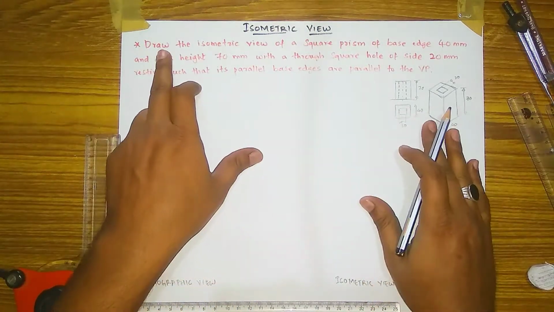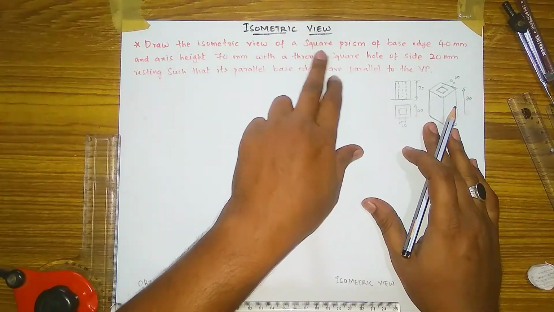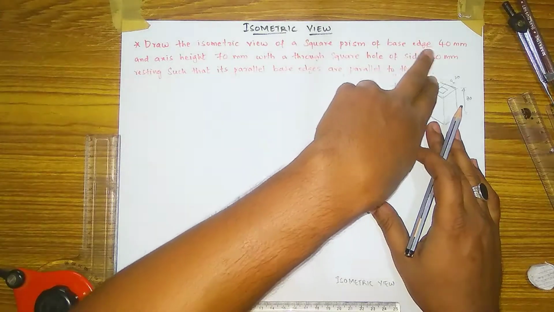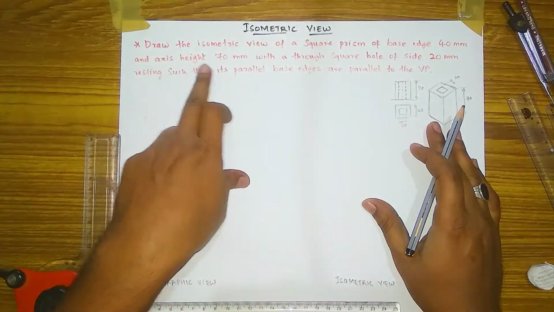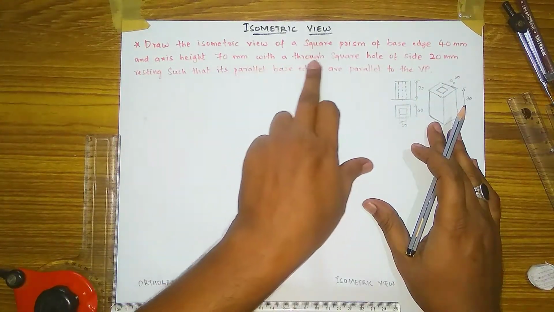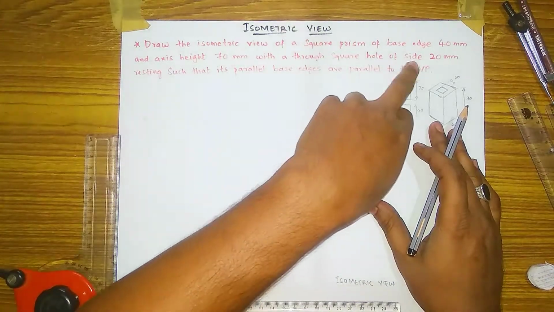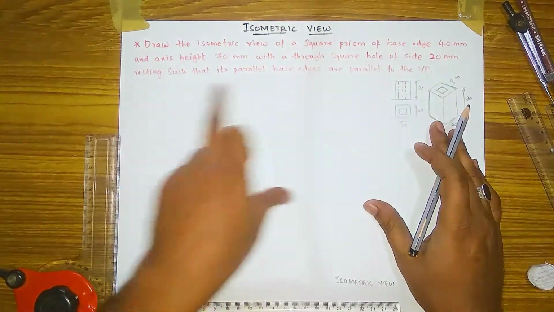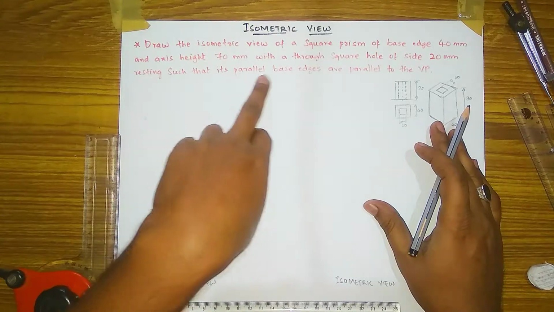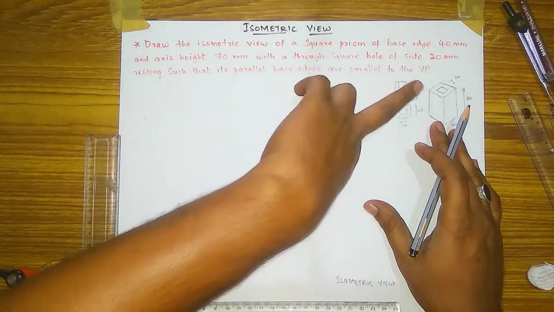Now I will start my question. Draw the isometric view of a square prism of base edge 40 mm and axis side 70 mm with a through square hole of side 20 mm, resting such that its parallel base edges are parallel to the VP.